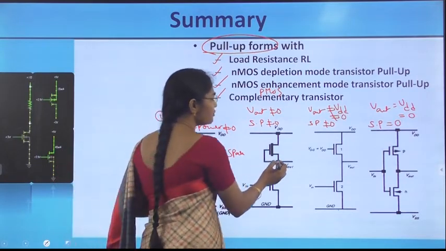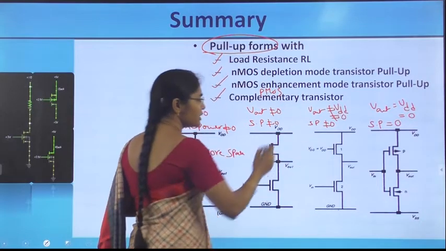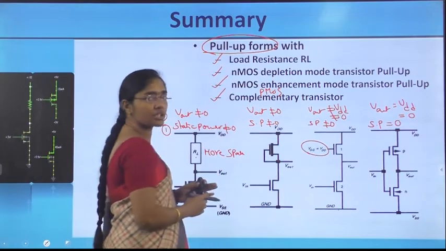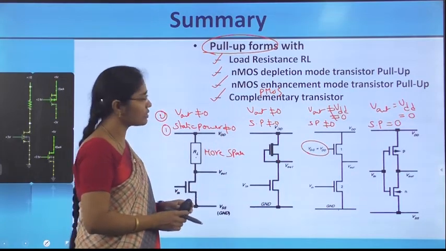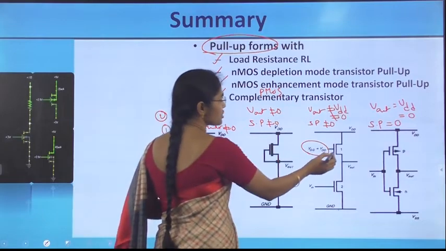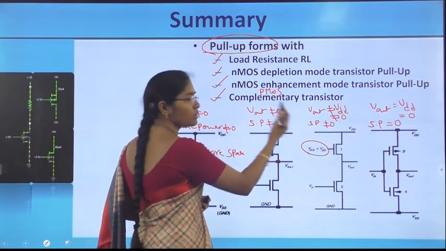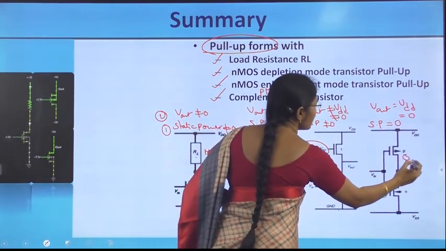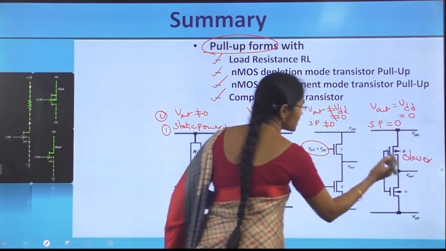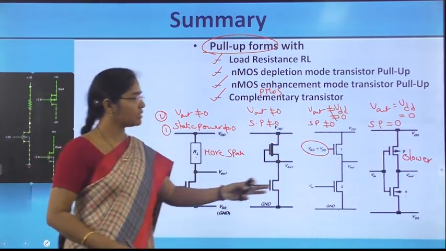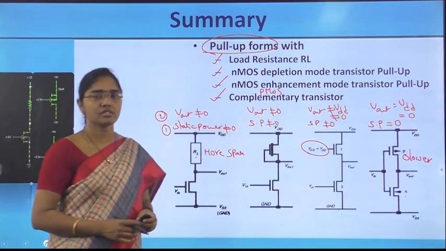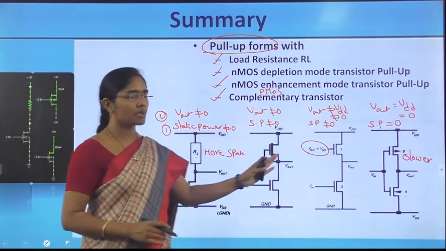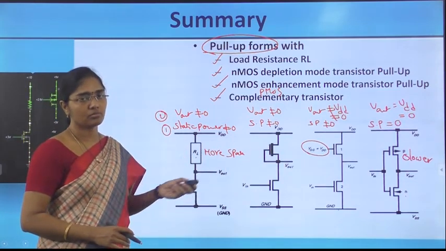Then for the depletion mode and enhancement mode of the same NMOS type, an extra power supply is required for the enhancement NMOS load device to switch it on, if it is not equal to VDD. And the problem with the PMOS is that, since PMOS is slower when compared to NMOS, the device size shouldn't be the same for the NMOS and PMOS devices. PMOS should be larger than the NMOS device. So this is the comparison of all the 4 pull-ups.